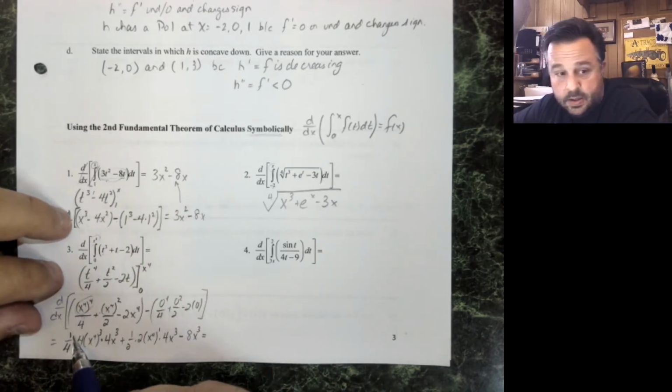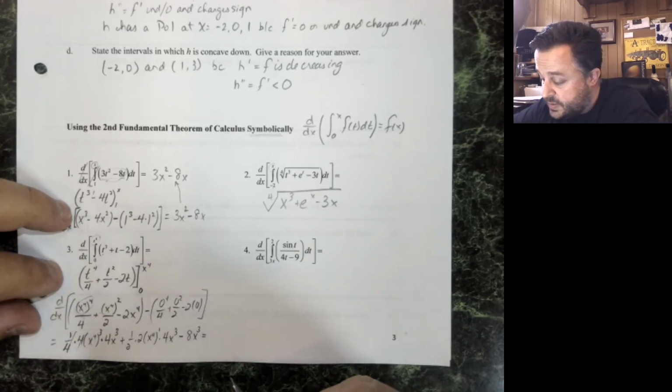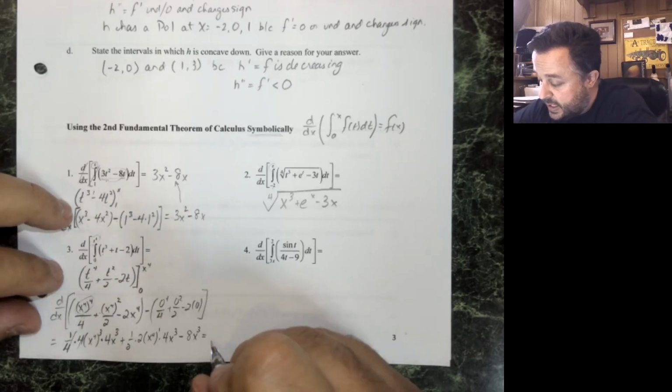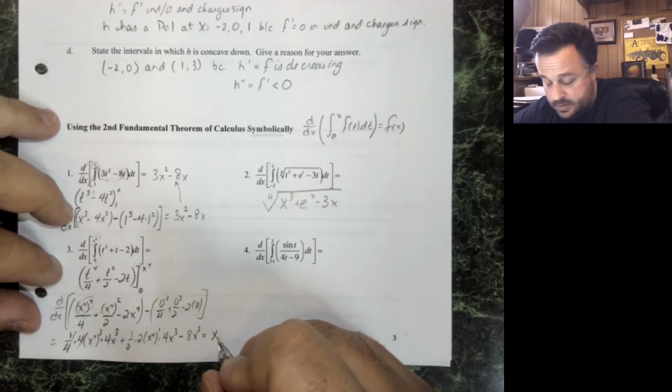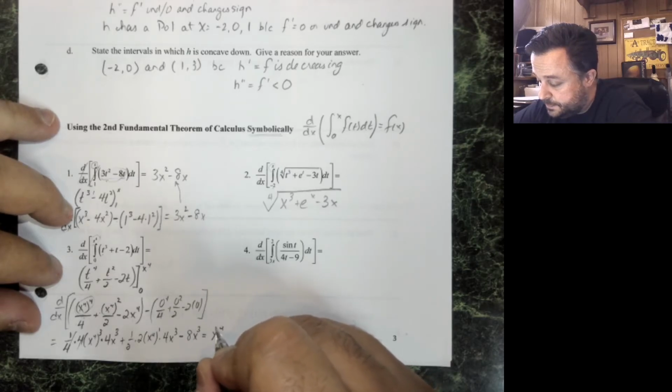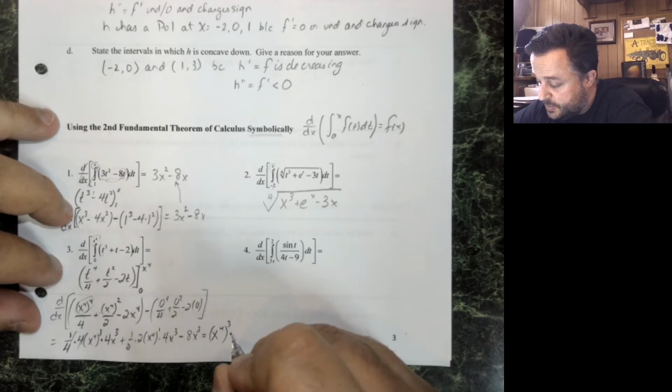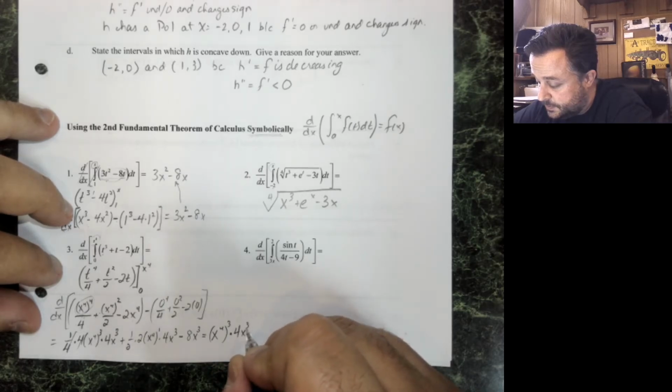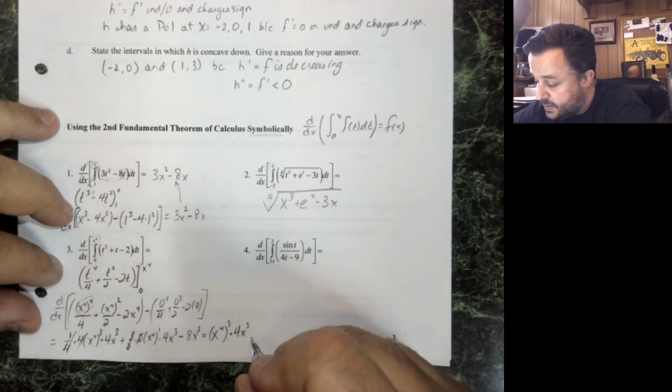Let's simplify here. 1/4 times 4 cancels. So I get x to the 4th cubed times 4x cubed. The 1/2 and the 2 cancel.